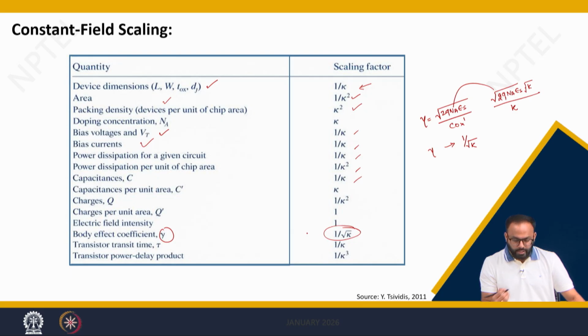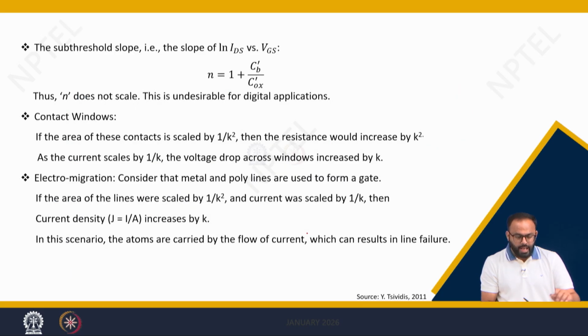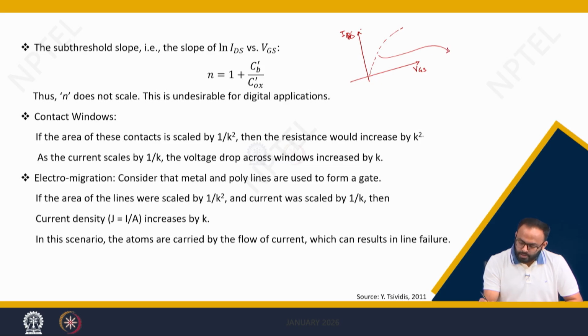Let us see some important parameters as subthreshold slope. We know the subthreshold slope is defined as the slope of Ids and Vgs when plotted in log scale, right, and this slope can be given by n is equal to 1 plus Cb dash by Cox dash, where Cb dash is a bulk capacitance and Cox dash is oxide capacitance per unit area.